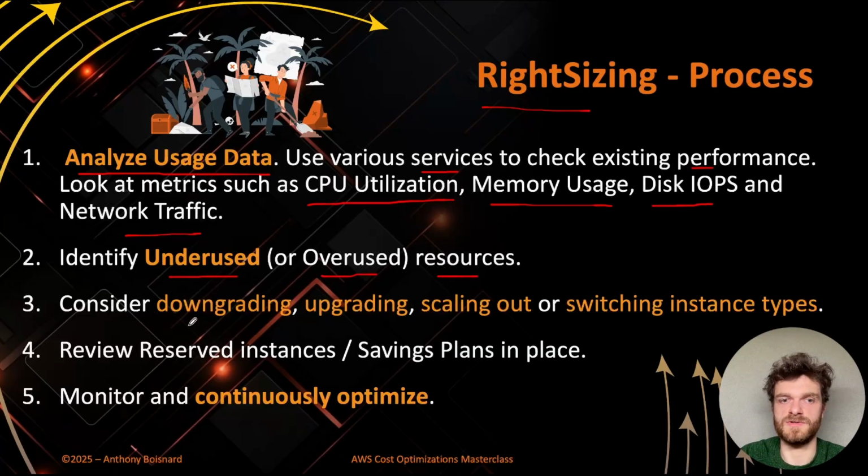Then you can consider downgrading, upgrading, scaling out or in, and switching instance types. You can review your already in place Reserved Instances and Savings Plans. And once it's done, you have to monitor and continuously optimize.